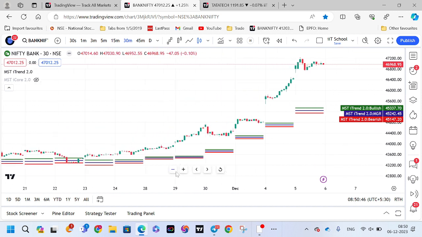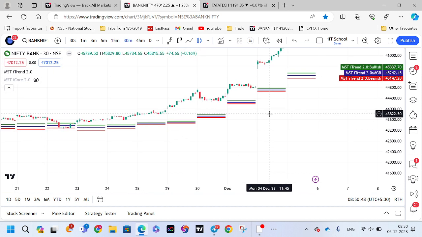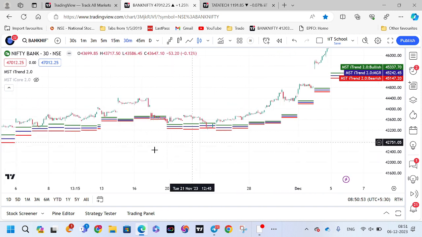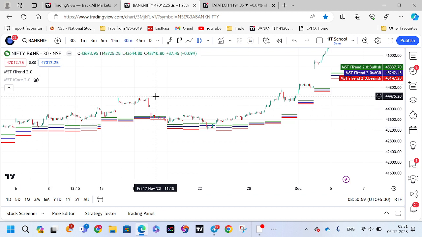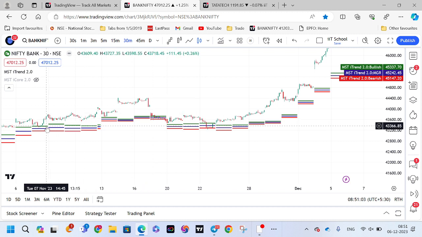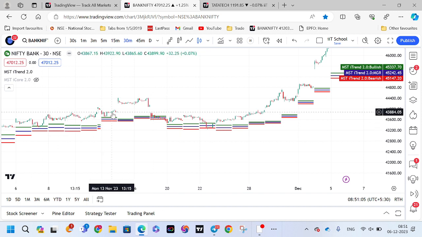Whenever market is trading below that level, then that is the sell trend. So now you can see where we got the entry. Here we got the buy entry at 43,354, and up to here it has reached 44,475. So more than 1000 points we got the profit.